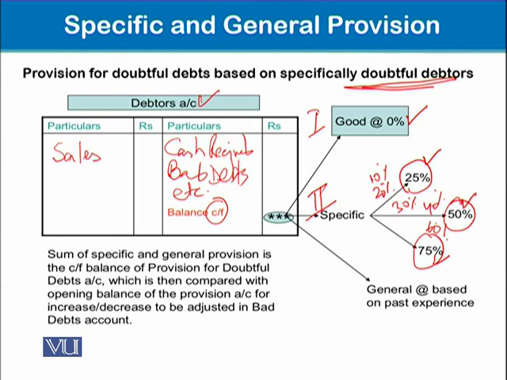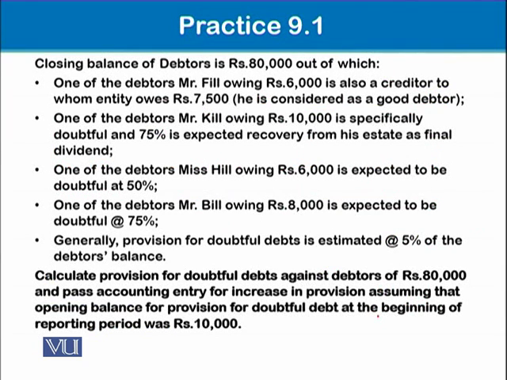So these are the specific debtors on which we have a specific doubt. Then on third step, there are general debtors on which we will calculate a general percentage of provision. This general percentage of provision will be based on our past experience with the industry or with our specific business entity.